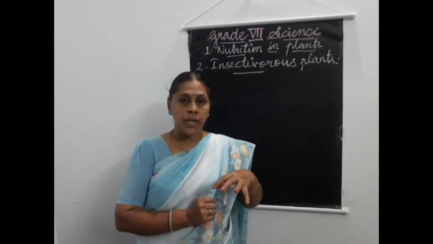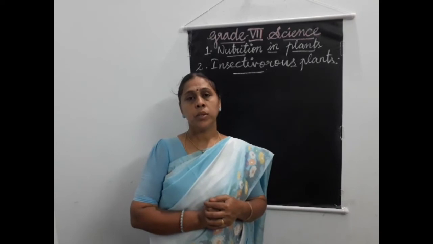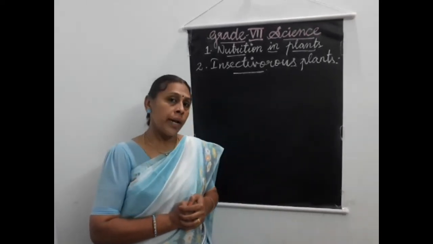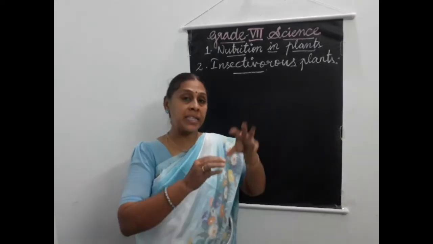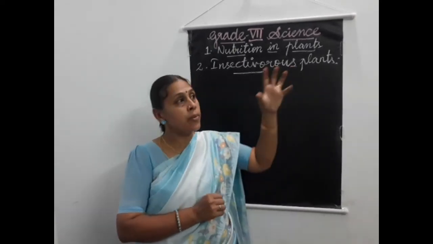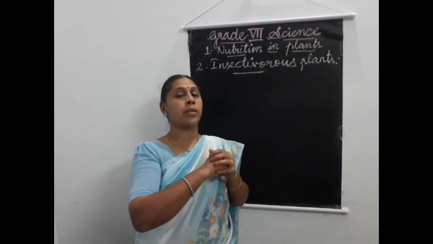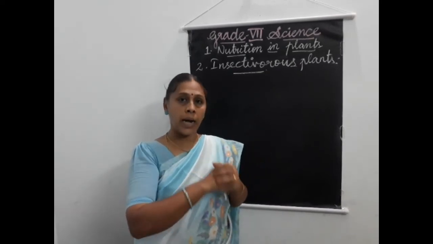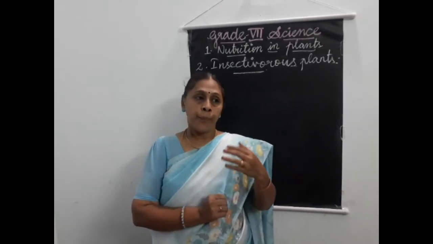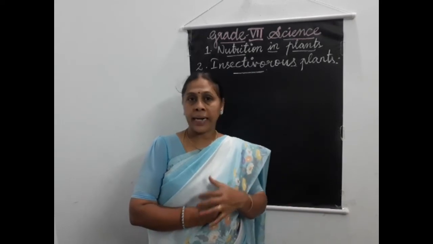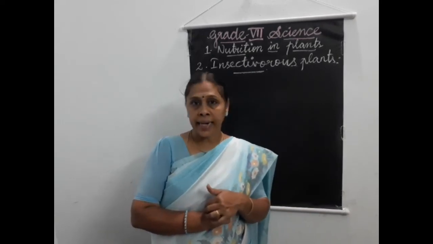That nitrogen may not be present in the soil. For that, a kind of bacteria called rhizobium is present in the soil and it absorbs the atmospheric nitrogen and fixes it in the soil. If that bacterium is not present, how will the plants get nitrogen?